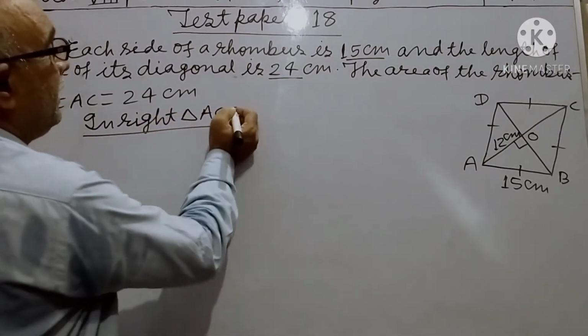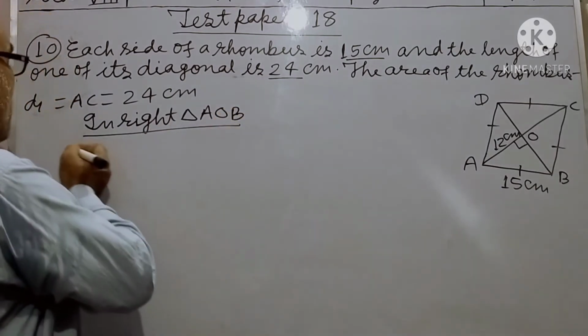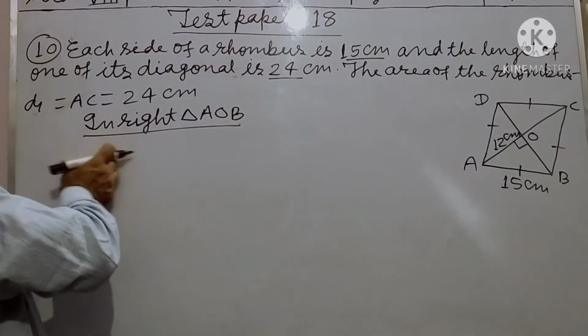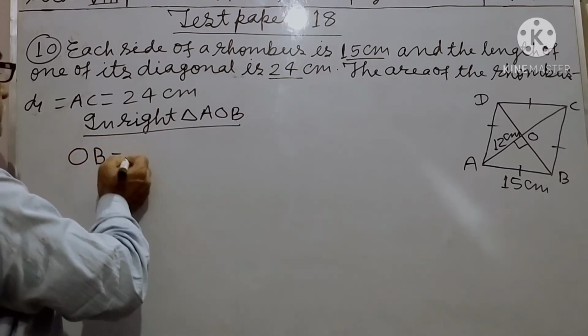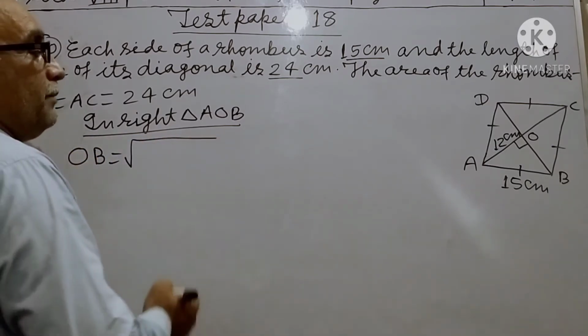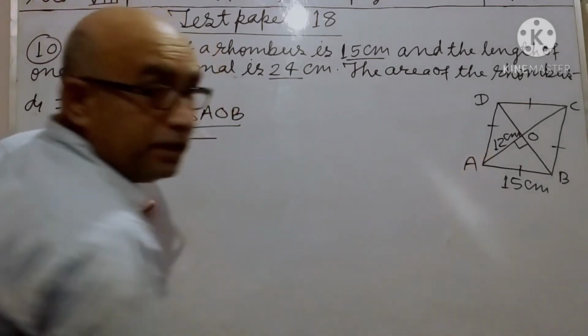In right triangle AOB, OB equal to under root. Longest side AB is hypotenuse.